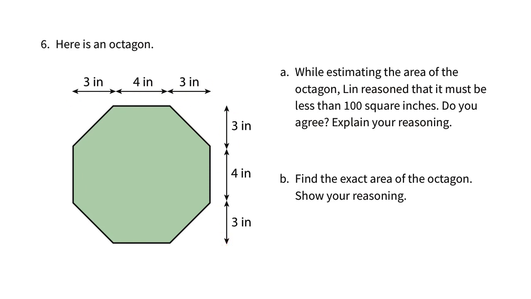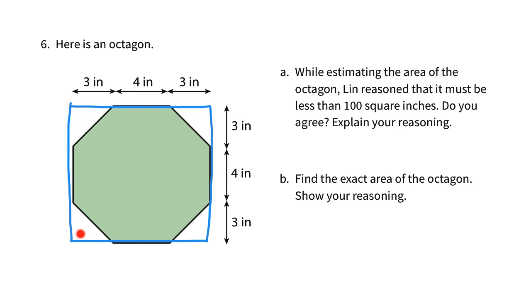So if this was a complete square, a nice, perfect square going straight across, straight down, straight across, straight up. So if we had that, we know that the width of that square would be 10 because 3 plus 4 plus 3 is 10. And the height of that square is 10. 3 plus 4 plus 3 is 10.